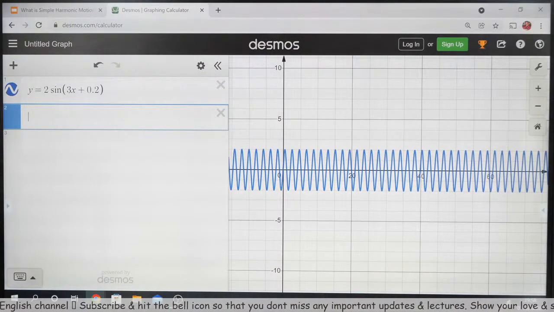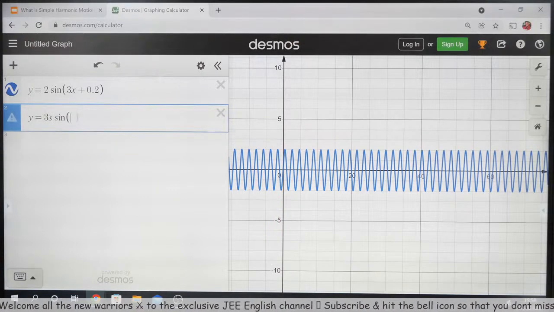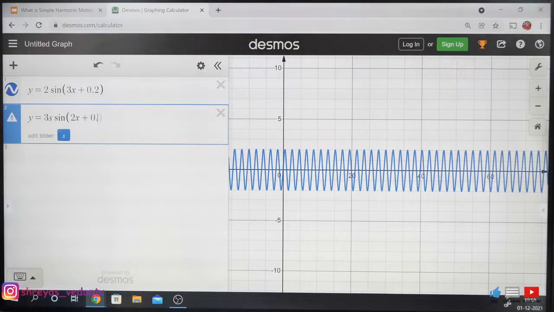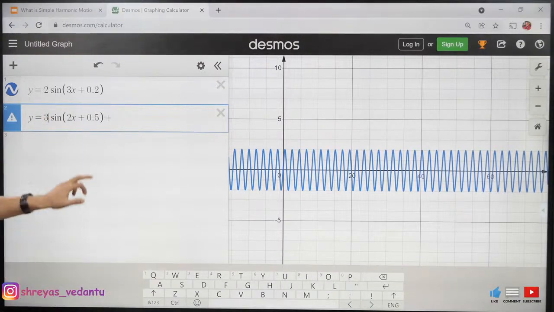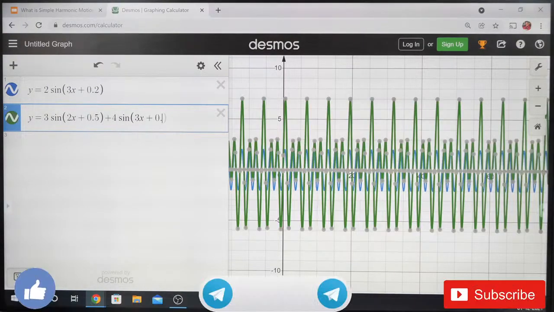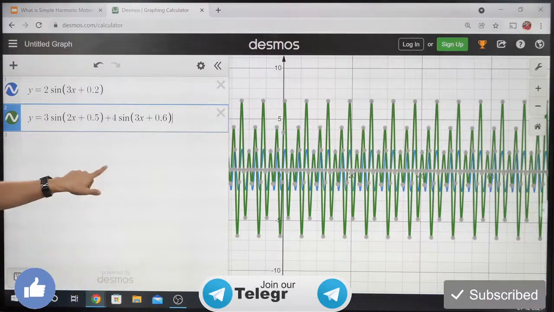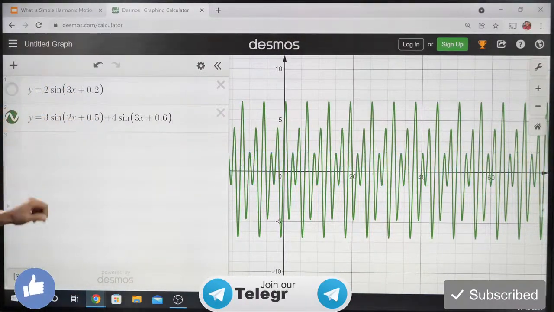But this one, Y is equal to, let's say, 3 sine 2x plus 0.5, plus, let's say, 4 sine 3x plus 0.6. Now that green graph is definitely not a simple harmonic motion. I'll just hide the blue graph.